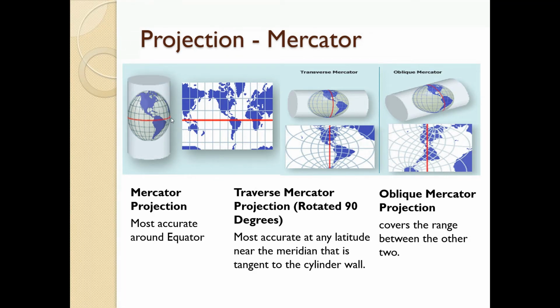Wherever the sides of this ball are touching the cylinder, that is going to be the most accurately measured point if you flatten this three-dimensional object into a two-dimensional object. That's why it is most accurate around the equator with this projection, because it's touching the sides right here.